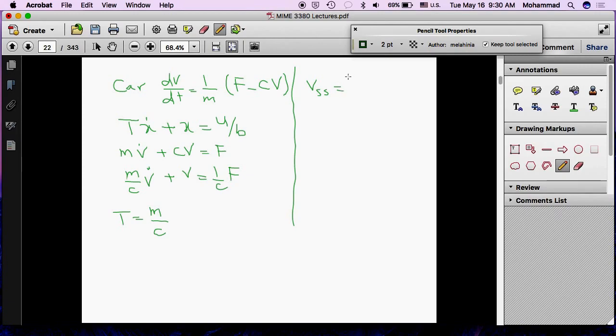So we have F equals CV, which means V steady state is equal to F divided by C. Which means what? The less drag you have, what is the consequence? Let's assume force is constant.